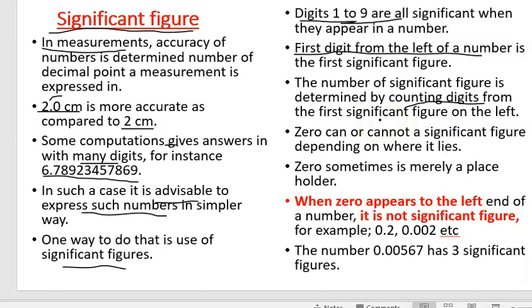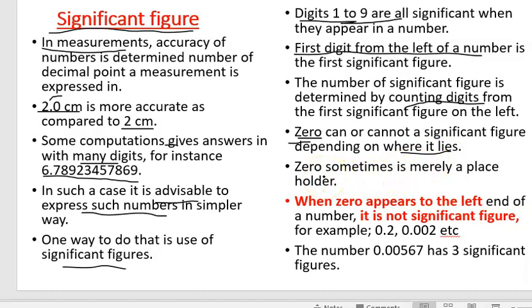Are you together? Now, there is this number called 0, because if you realize, I've said 1 to 9 are all significant numbers, but I've not mentioned 0. So 0 can or cannot be a significant figure depending on the position where it lies. The position where 0 lies determines whether that particular 0 is going to be a significant number or not.